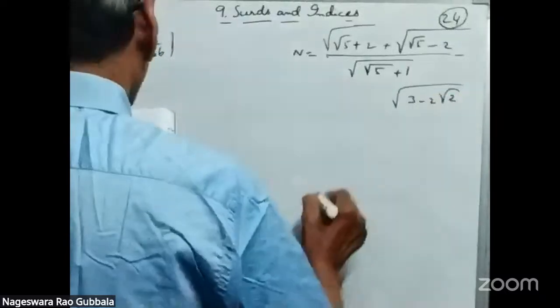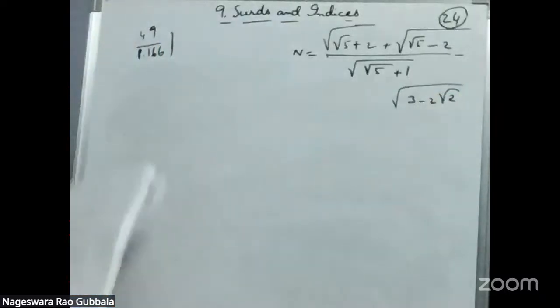Then the value of n is? So that means find out the value of the whole expression.